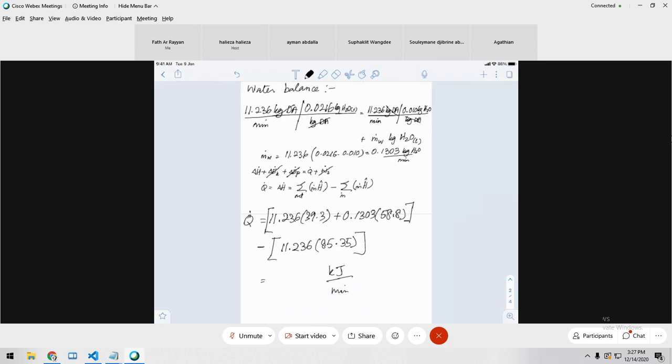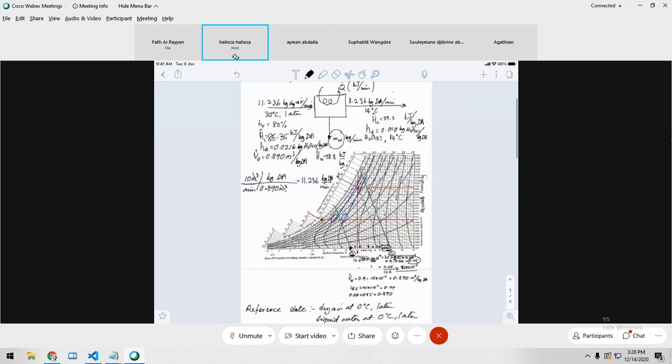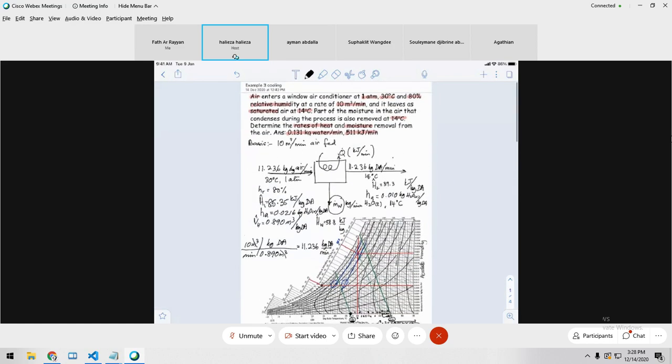Anybody manage to get the answer? I got negative 509.76. Yeah, same with me. Okay, that's the answer for the amount of heat that has to be removed in order to cool it down from the initial temperature to the final temperature. The value given by the author is 511.